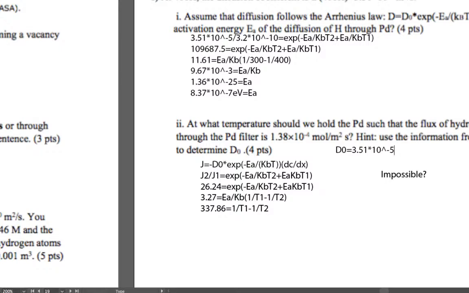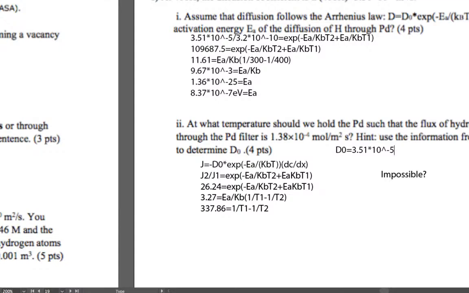And so when you found the D naught here, after you found this, you would get this 1.38 times 10 to the power of negative 4 out.